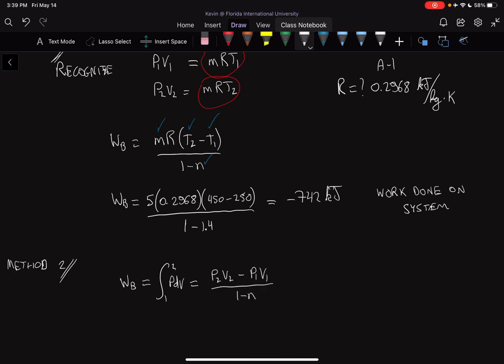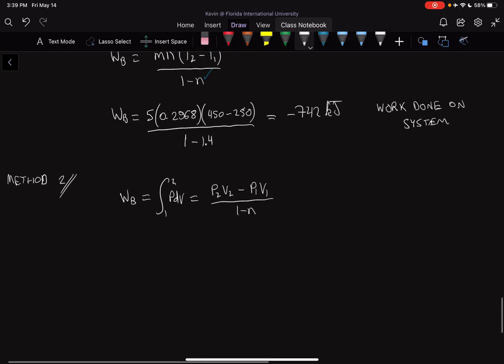And the second method would involve doing the same thing we did before. So it would involve saying, all right, we have P1 V1 to the 1.4 is equal to P2 V2 to the 1.4. And we also know that our ideal gas equation stands. So P1 V1 is equal to MRT1. P2 V2 is equal to MRT2.